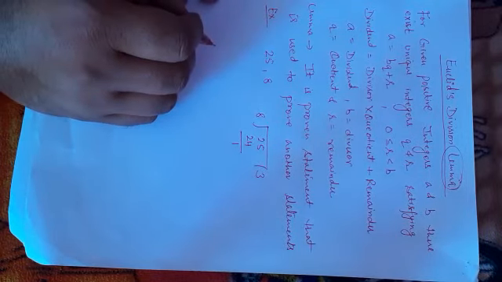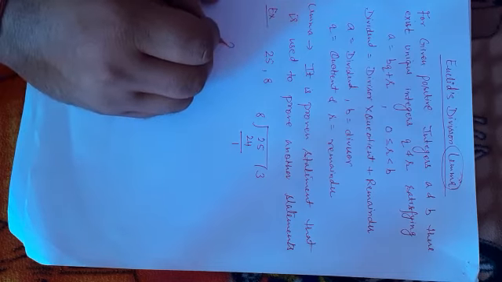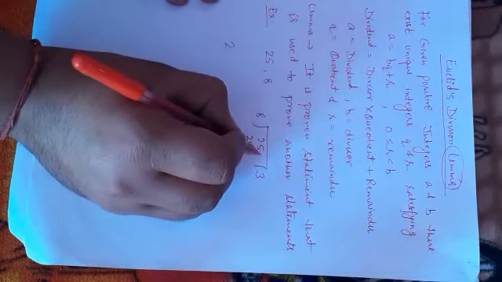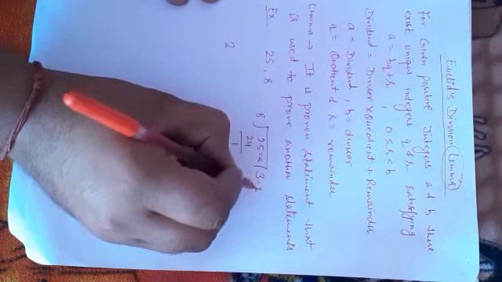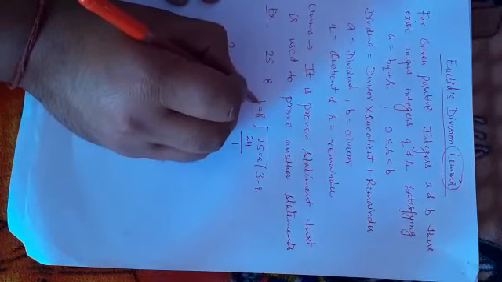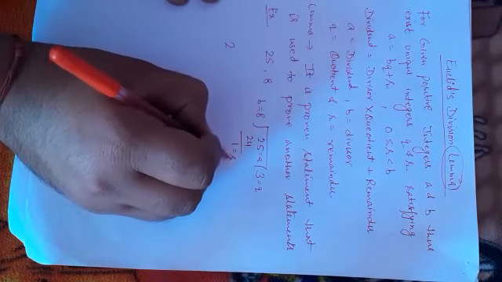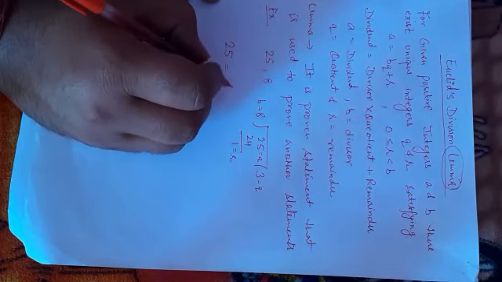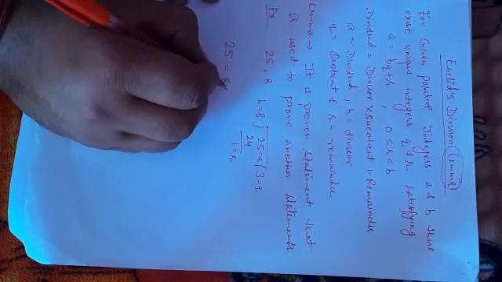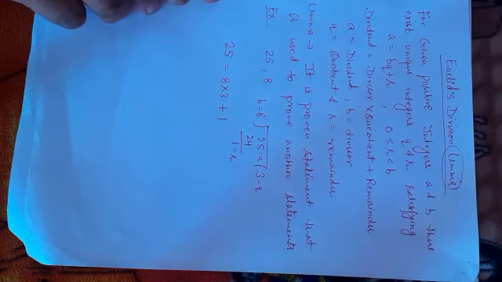By Euclid's division lemma, we can write this as: 25 is a, 8 is b, 3 is q, and r is 1. So we write 25 as 8 into 3, plus remainder 1.